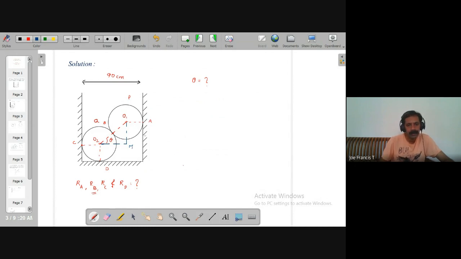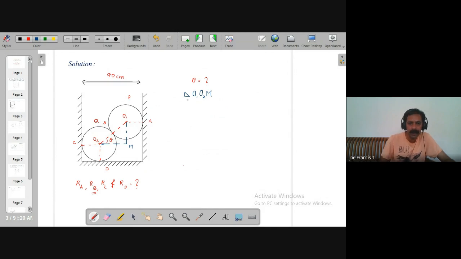You can calculate this angle theta from the triangle O1O2M. So I consider this right triangle, O1O2M.